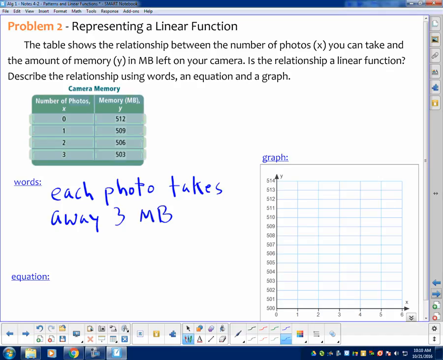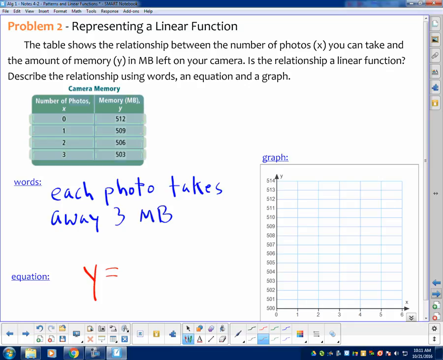So when I write my equation, where's that 3 going to come in? Right now. It could right now, yeah. But this time it's not a positive 3 because it's taking away. It would be a -3. Where am I starting at here? 512.